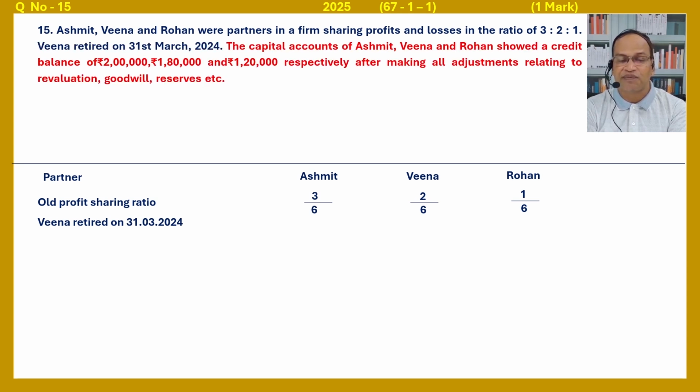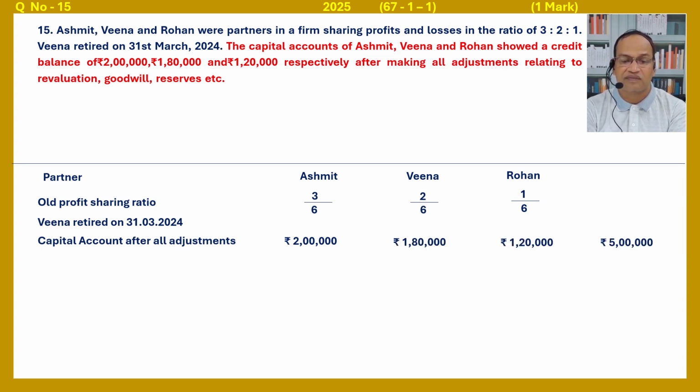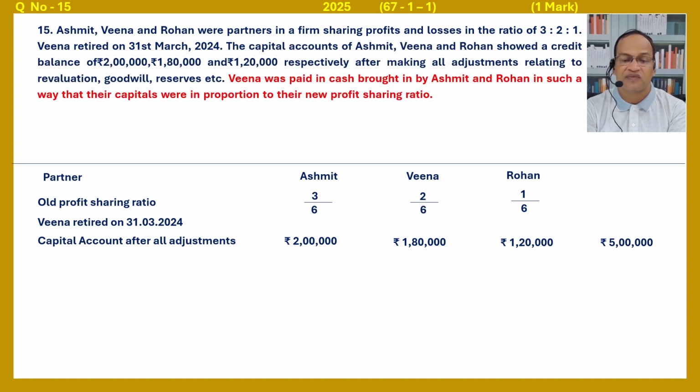The capital accounts of Asmit, Bina and Rohan showed credit balances of rupees 2 lakh, 1 lakh 80,000 and 1 lakh 20,000 respectively after making all adjustments relating to revaluation, goodwill, reserves, etc. So the total is 2 lakh plus 1 lakh 80,000 plus 1 lakh 20,000, equal to 5 lakh.